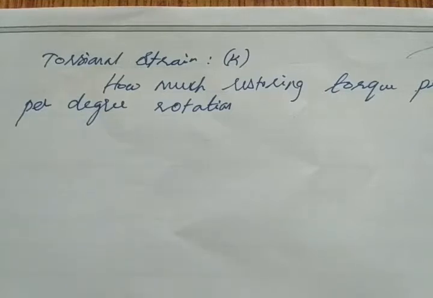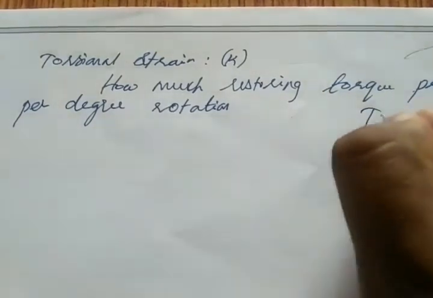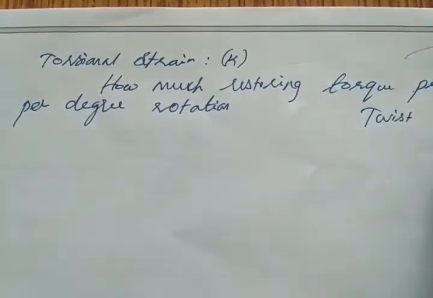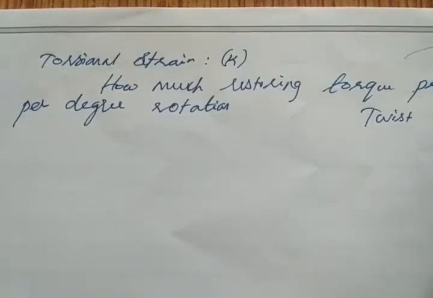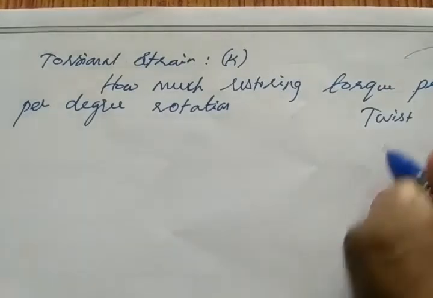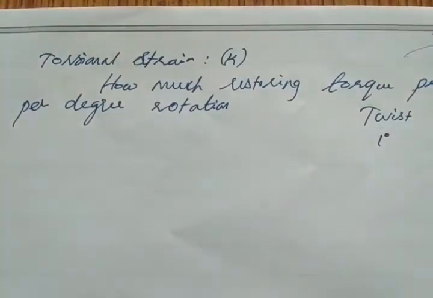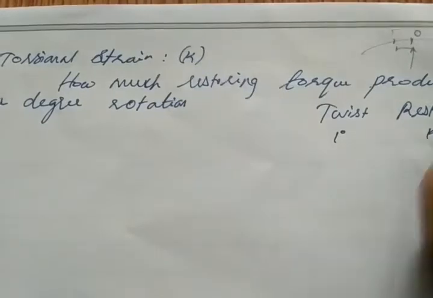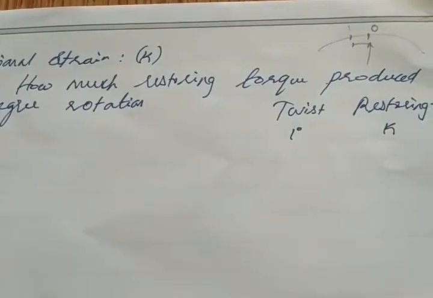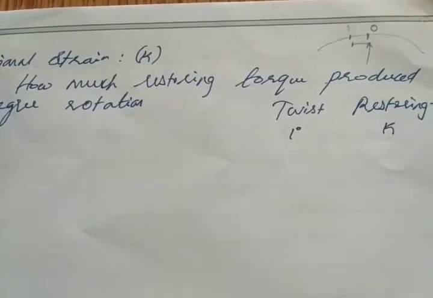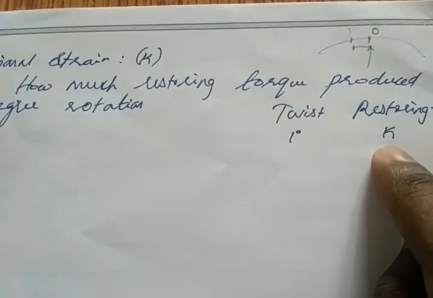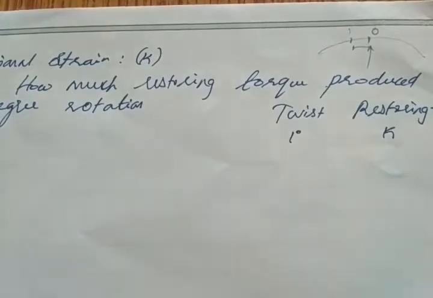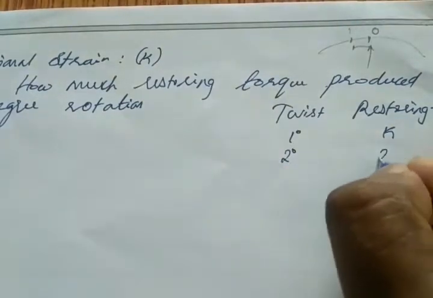So we can say for 1 degree twist, we have K amount of restoring torque. K means torsional constant, the torque produced per 1 degree rotation. For 2 degrees, we have 2K.